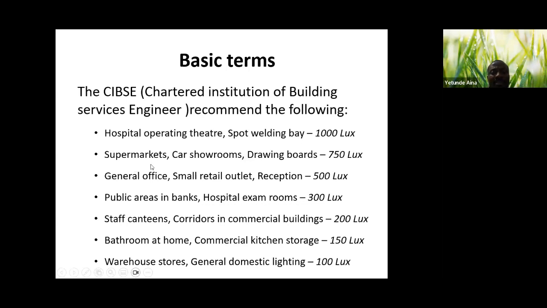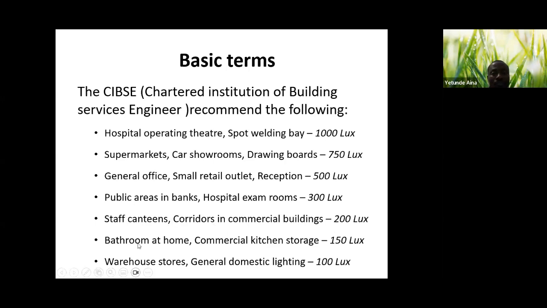Then for supermarkets, the car showrooms, the drawing boards, the illuminance should be 750 lux. And for general office, the small retail outlet, the reception, we should have 500 lux. For public areas in banks, hospital exam rooms, it should be 300 lux. And for staff canteens, corridors in commercial buildings, we should have the illuminance to be 200 lux.